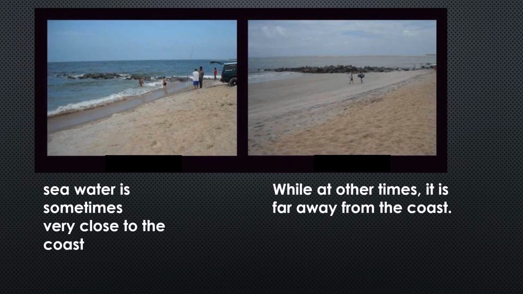Now again, as we look at these two pictures, we notice that in the first picture, the sea water is sometimes very close to the sea coast, and in the second, the sea water is far away from the coast. These movements of the sea water are called tides.